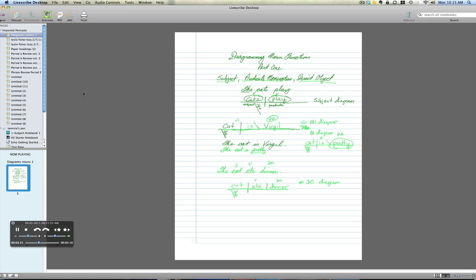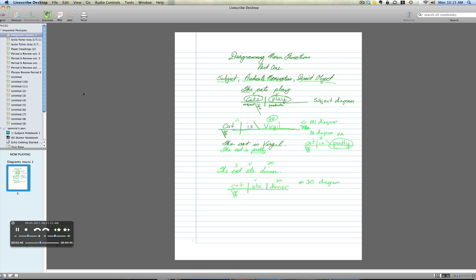We're going to put the verb over here, and we notice that this is a linking verb. That means that whatever comes on the opposite side is either going to be a predicate nominative or a predicate adjective. Now the interesting thing about diagramming this is that we're going to put a little line that slants.